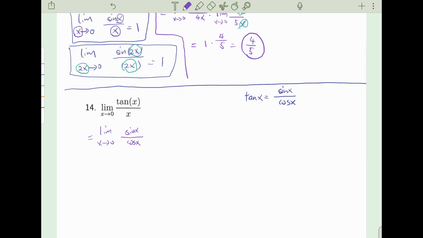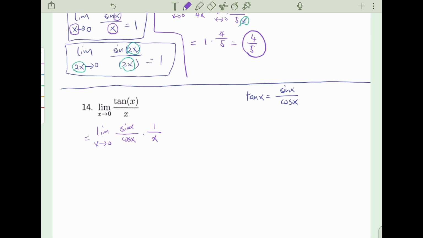And at the same time, I'm keeping my denominator, that is the x here. And I kind of rearrange it. So this sine of x divided by x here, right?